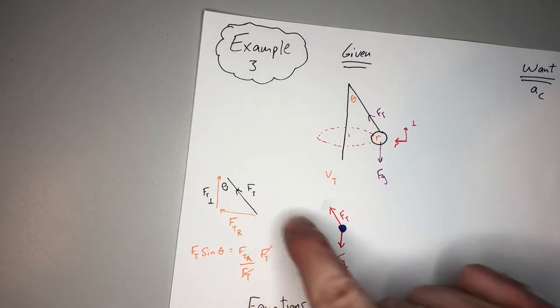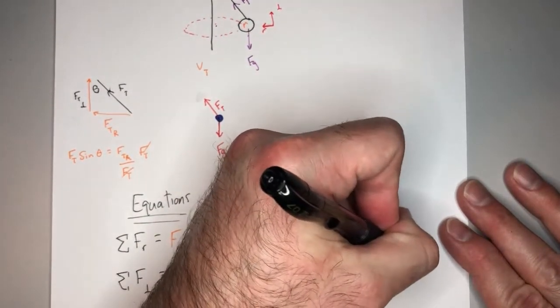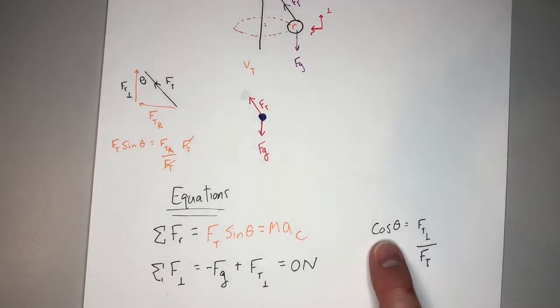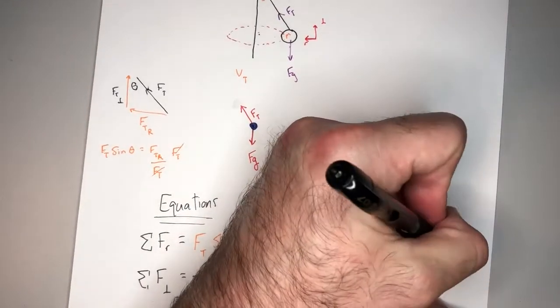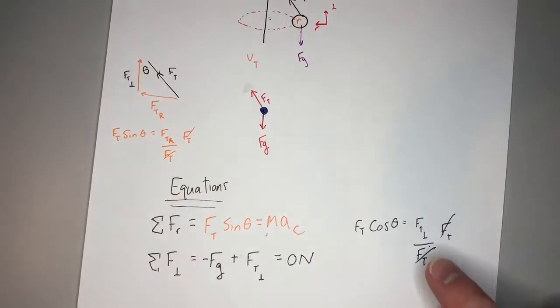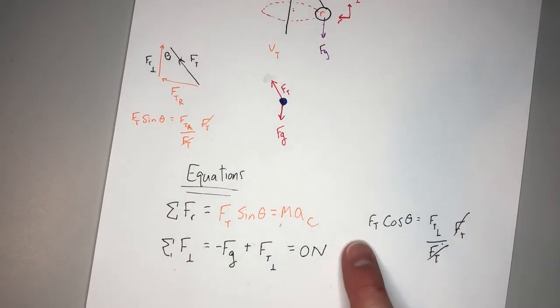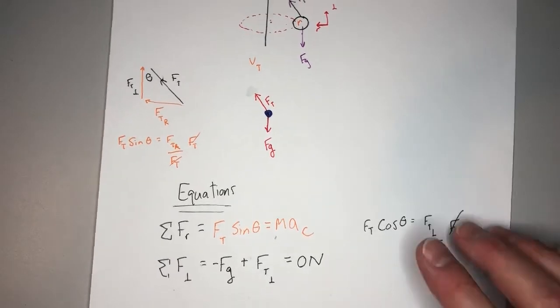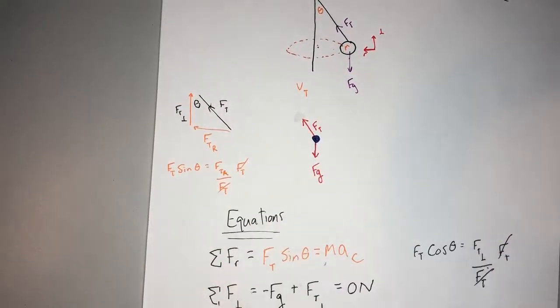I'm picking that one because I have an FT in my other equation. So the cosine of theta is FT perpendicular divided by FT. I'm looking for FT perpendicular, so I times that over here. Force tension in the perpendicular direction is FT cosine of theta, which is exactly what you would think it would be because you're trying to pick out that side of the triangle, right?